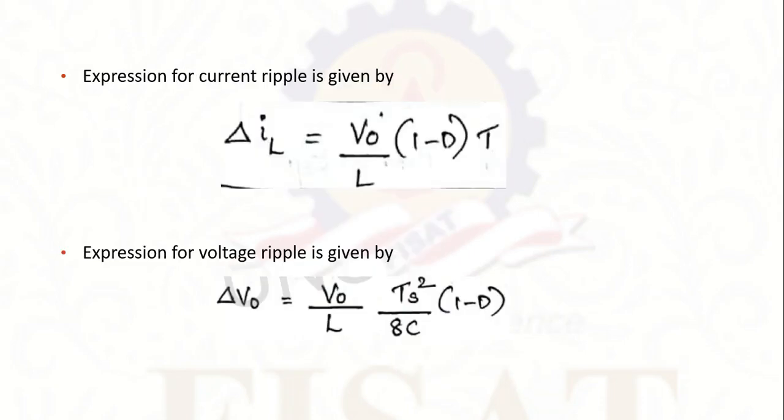This delta IL is called the current ripple, and that is equal to Vo divided by L into (1 minus D) into Ts. Similarly, delta Vo is called the voltage ripple. It is equal to Vo by L into (1 minus D) into Ts square by 8C.